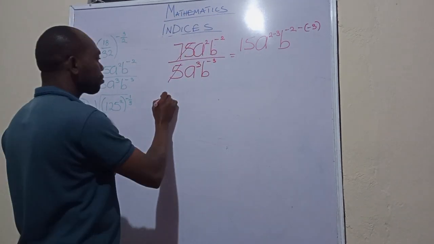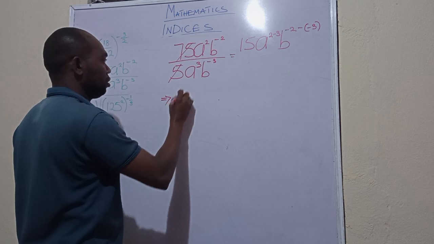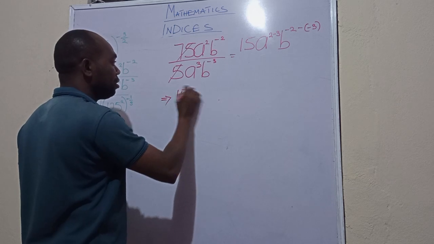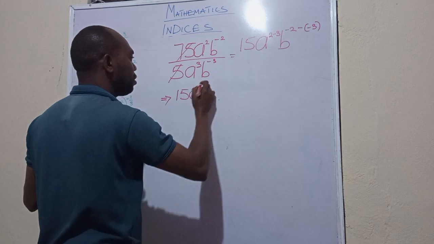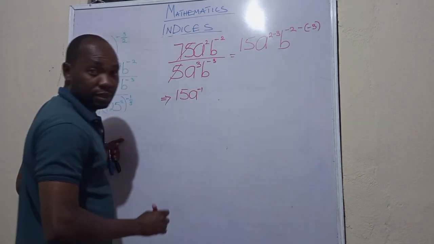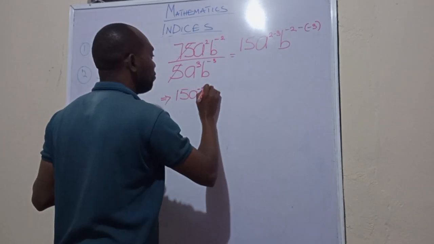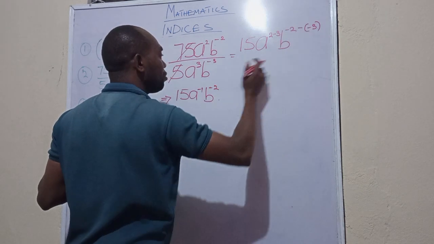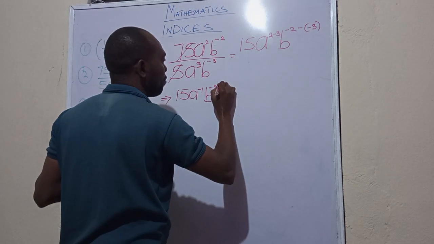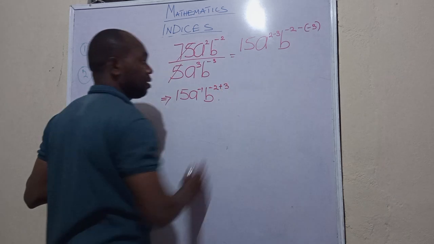Then in our continuation, we will have 15a raised to the power of 2 minus 3, which gives minus 1. And here we have b raised to the power of minus 2, minus minus is plus, so plus 3.